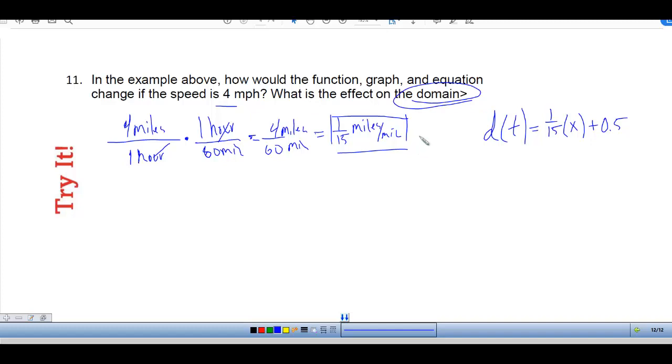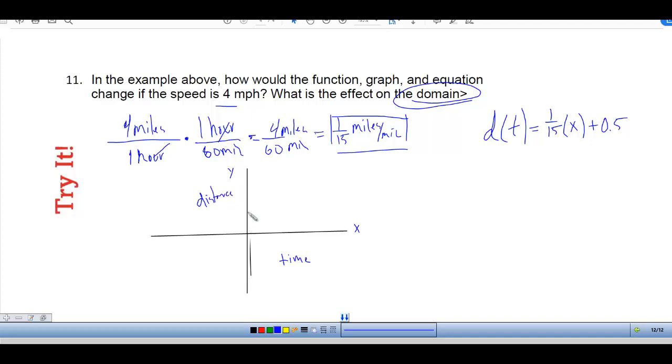So does this have any bearing on the effect of the domain? So we're talking about those x values. It's going to adjust what is our x. If we were talking about this graphically, over the x-axis you would have time, and the y-axis you would have distance.